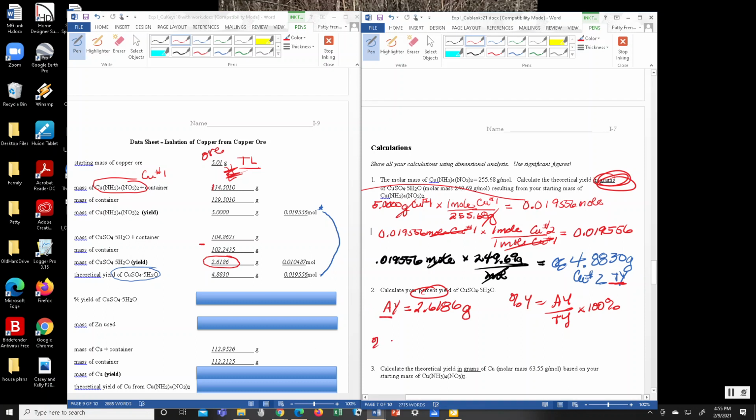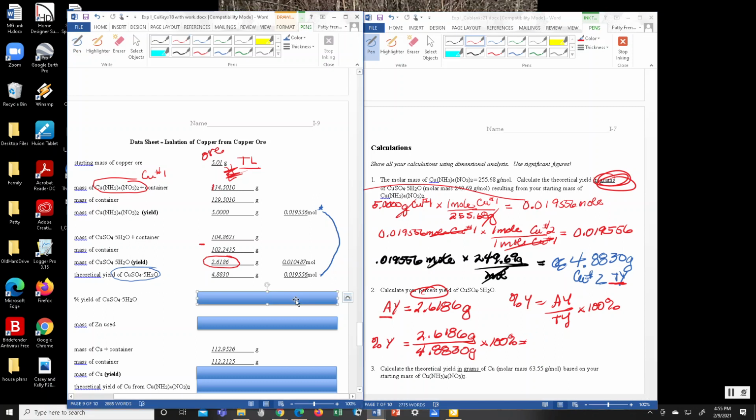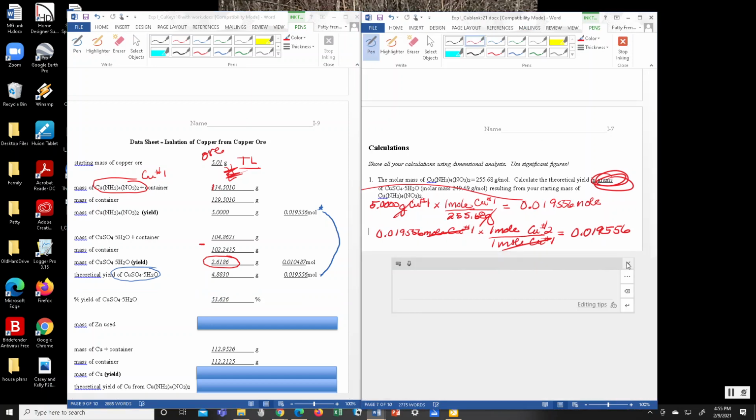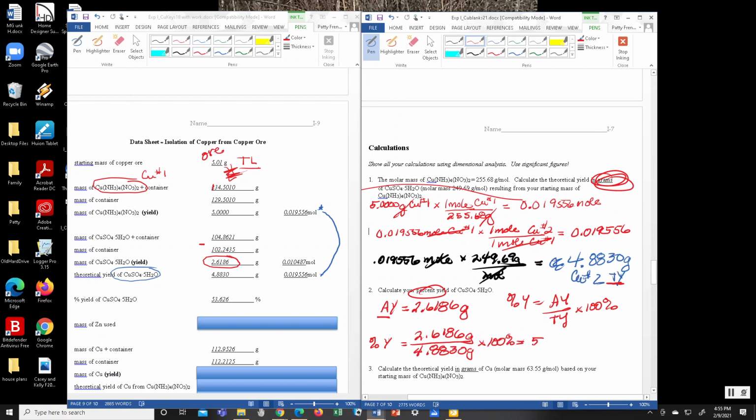So our percent yield is 2.6186 grams divided by 4.8830 grams times 100%. And that was equal to 53.626%.